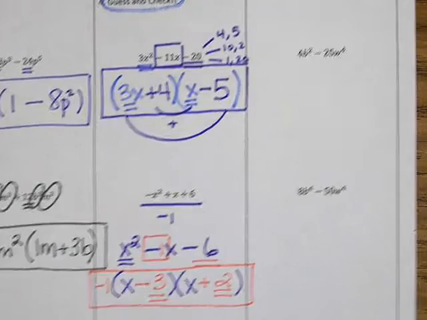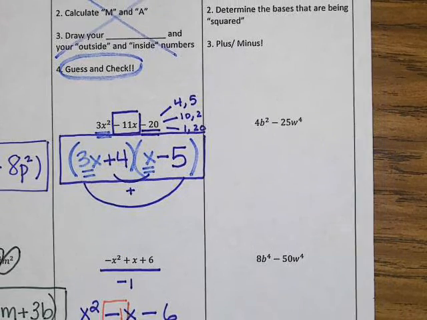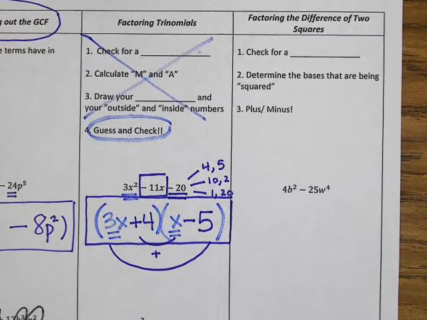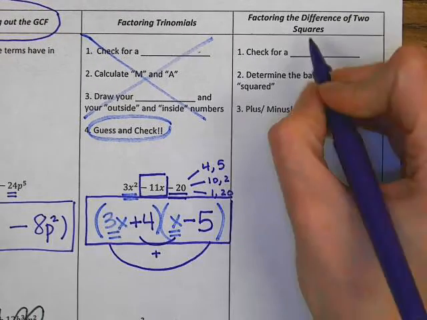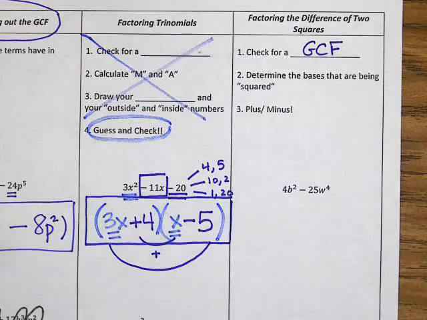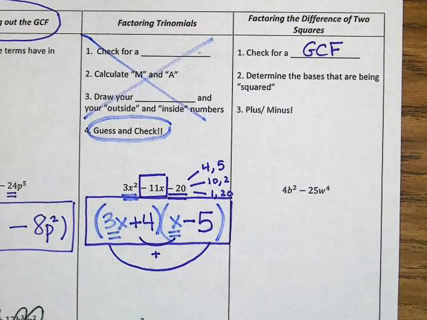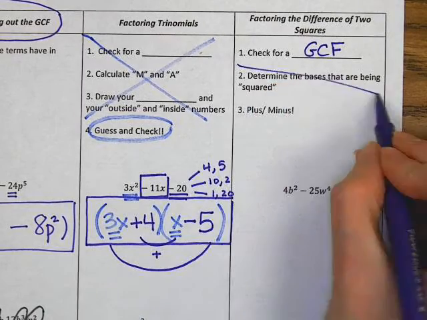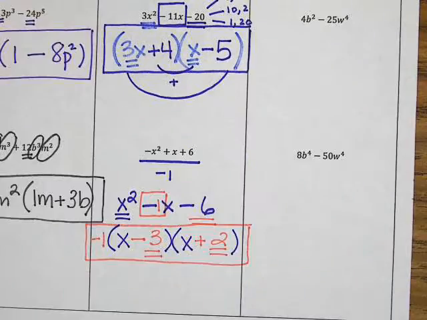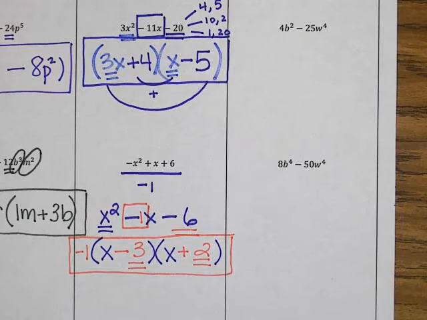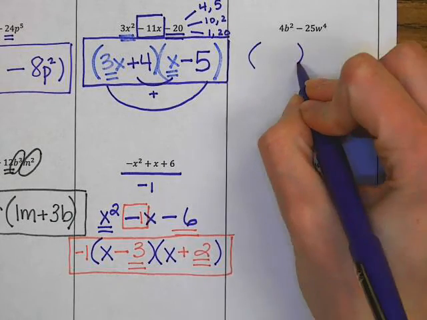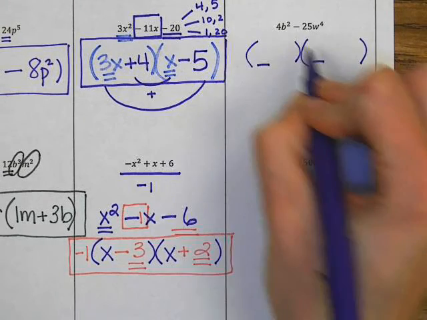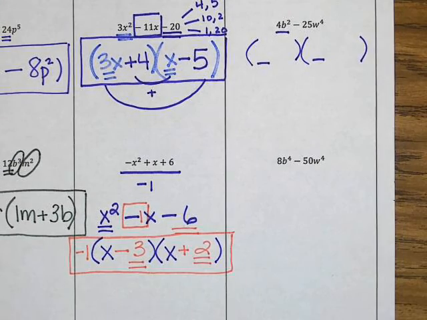And then most recently, we did the specialty ones, difference of two perfect squares. Always check for GCF first, and then use our plus minus trick. I didn't really teach it that way, we'll just do it our way. So this one, no GCF, and it's the difference of two perfect squares. What times what would give you 4b squared?